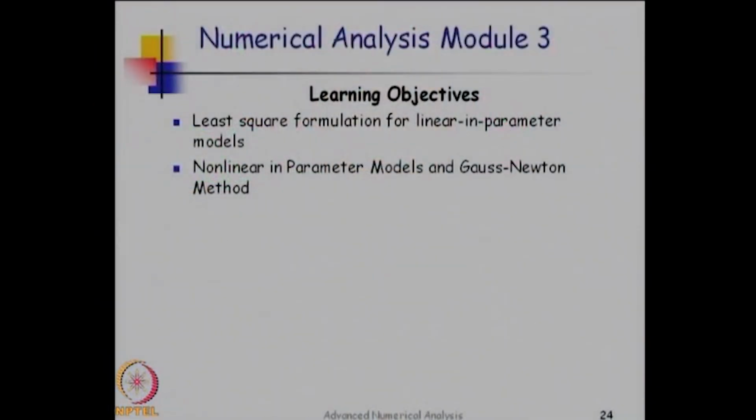So in particular we are going to look at a method called the Gauss-Newton method. This Gauss-Newton method is a combination of least squares and Taylor series. So we will look at Taylor series approximation and least squares approximation.